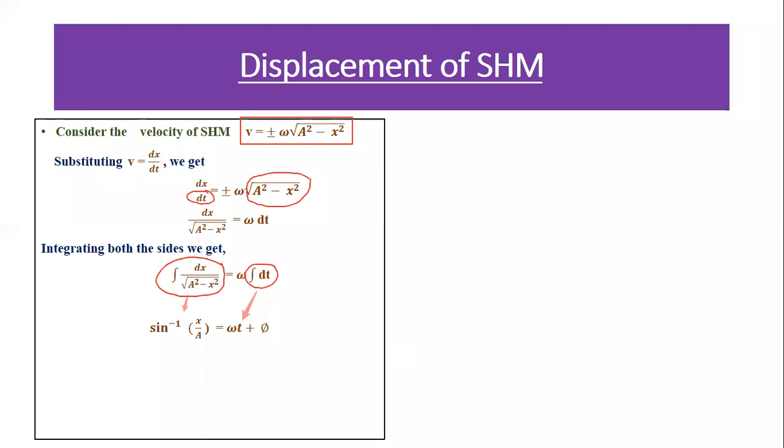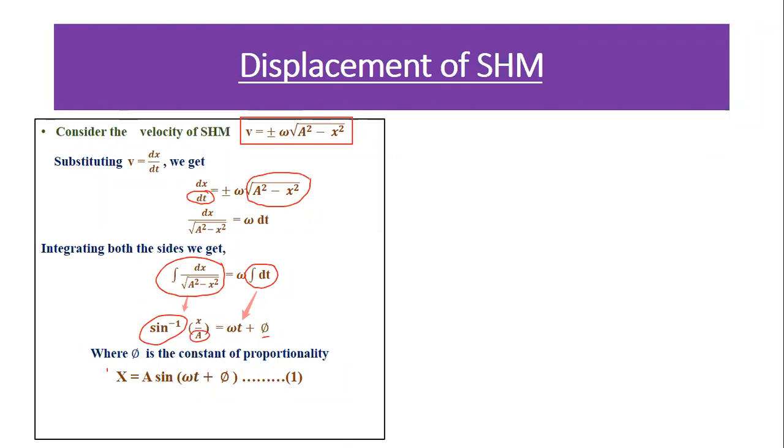Phi is the constant of integration here, and this phi depends on the initial conditions. Now if we transfer this sine inverse to the right hand side, it is sine omega t plus phi, and a, which is divided here, is multiplied on the right.